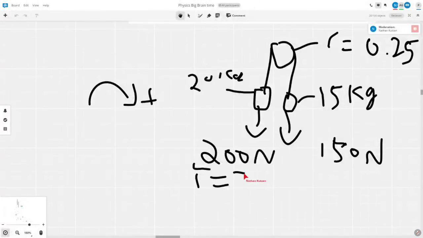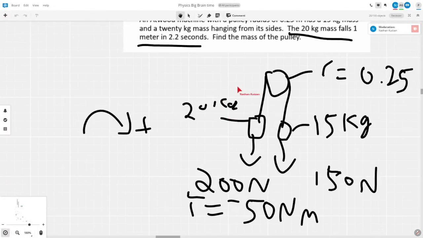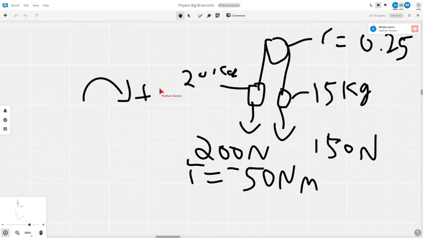So this one's going to be negative 50 newton meters, because this torque that's applied here is going to cause the motion to go this way, which is opposite of the way we've defined our axis. So this is going to be negative 50 newton meters.